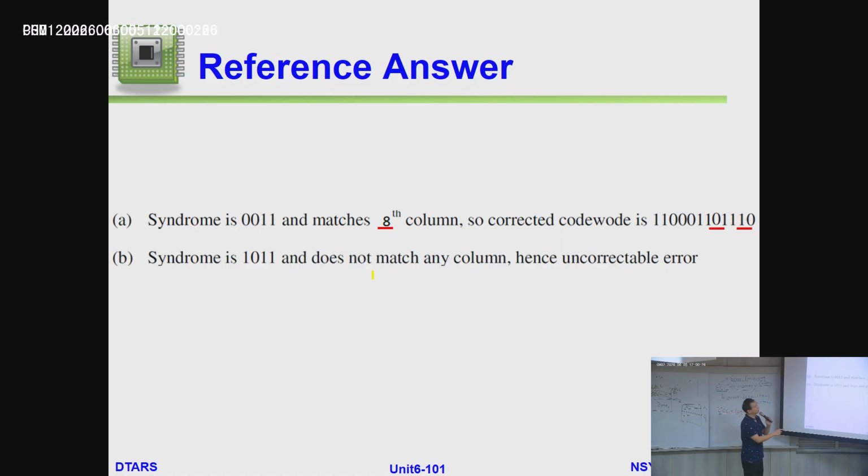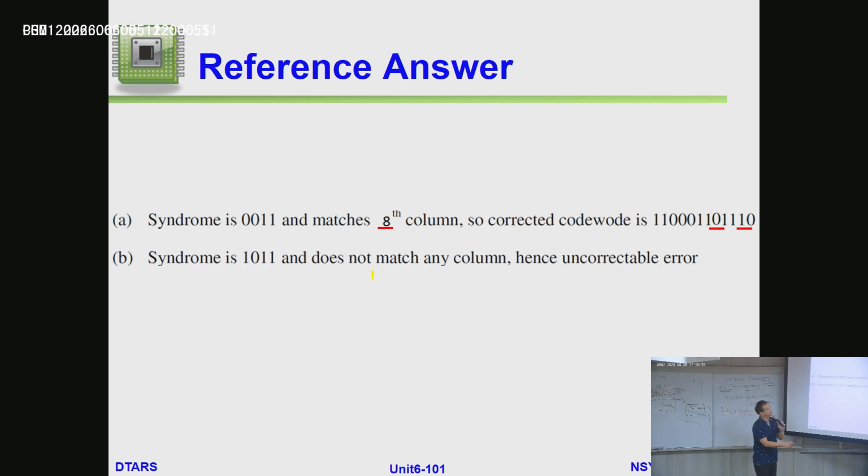And the second one, the symptom is not 0. So there must be errors. But because it does not match any current, we can just know there should be 2 bit errors, but we cannot know which 2 bits errors occur. So for this one, we know there are some errors, but it is uncorrectable.